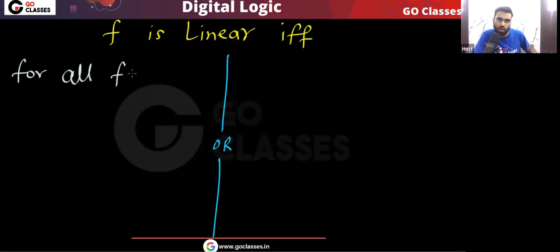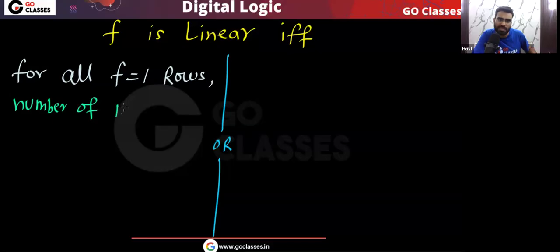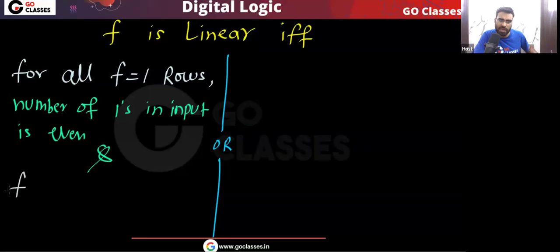F is linear if and only if, either this should happen: for all f equal to 1 rows, the number of ones in the input is even, and for all f equal to 0 rows, the number of ones in the input is odd.